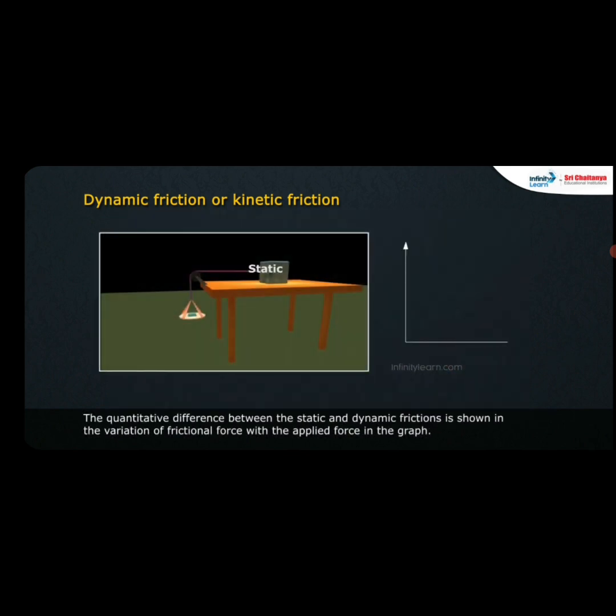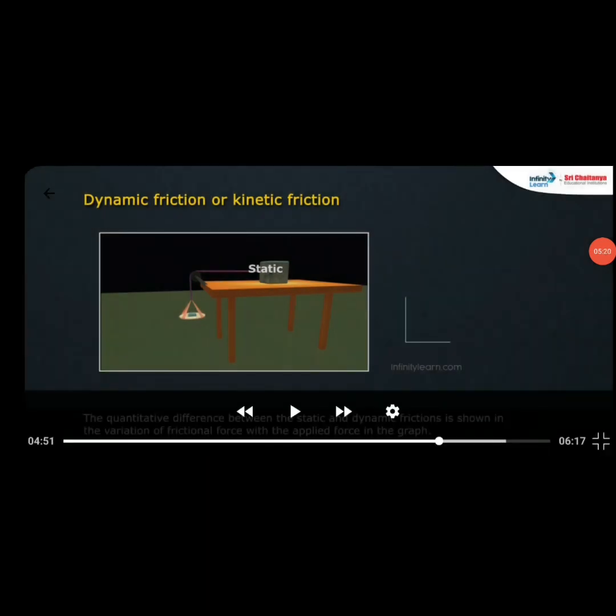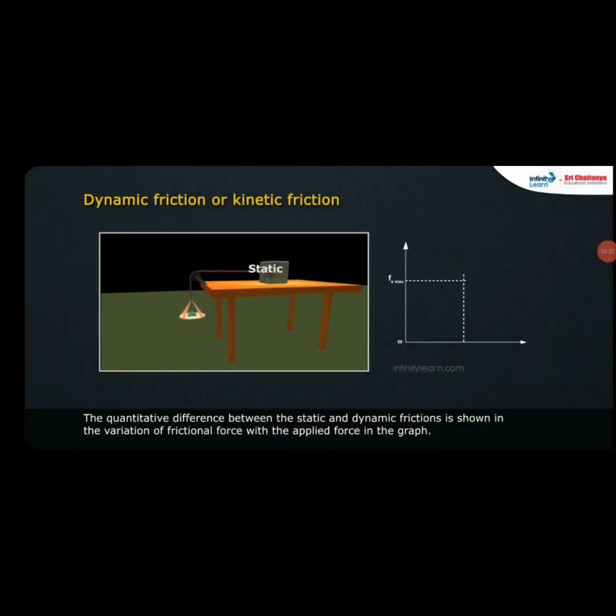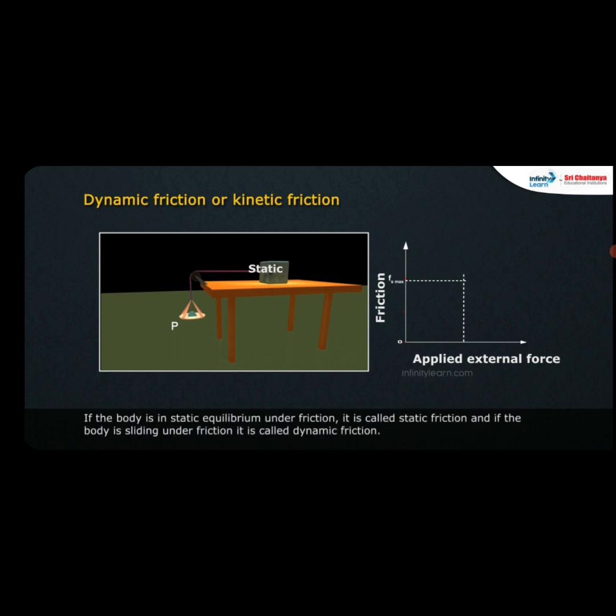The quantitative difference between the static and dynamic frictions is shown in the variation of frictional force with the applied force in the graph. If the body is in static equilibrium under friction, it is called static friction, and if the body is sliding under friction, it is called dynamic friction.